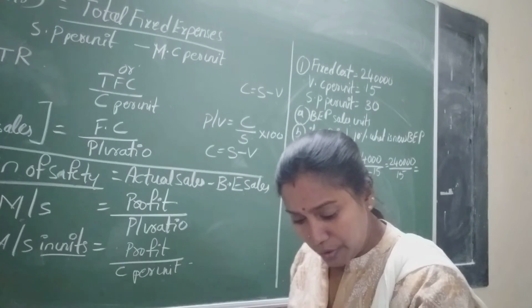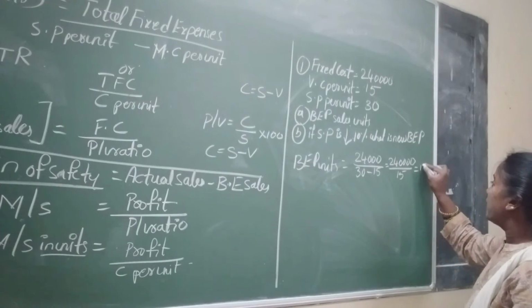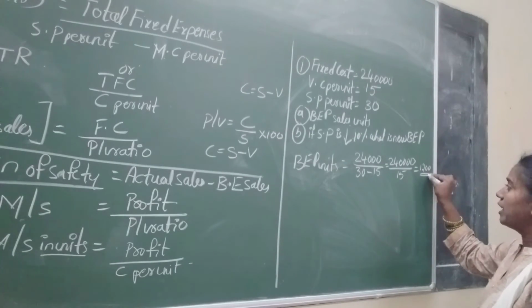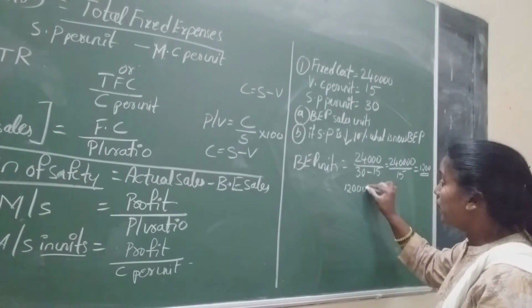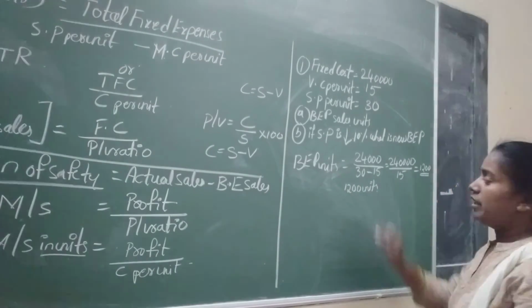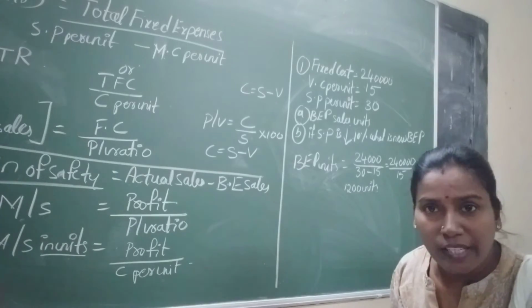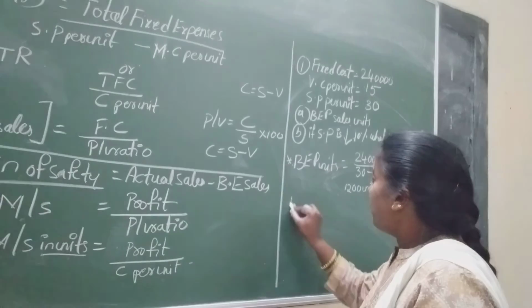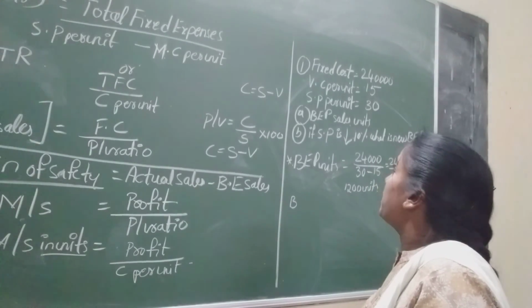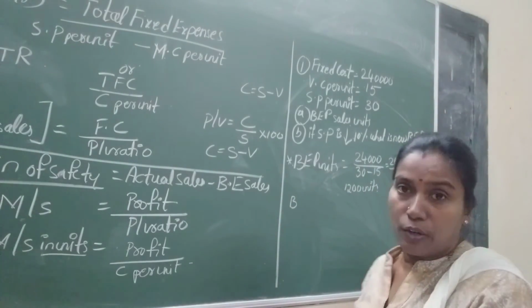You are getting 1,200, which is nothing but 1,200 units. Clear all of you? This is one.